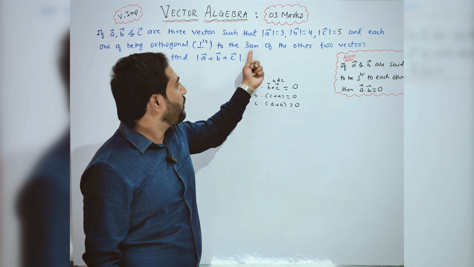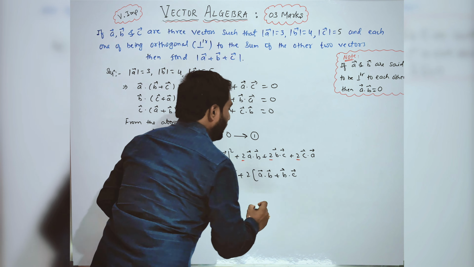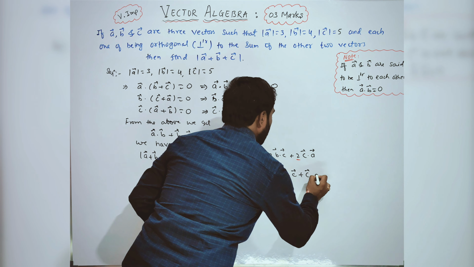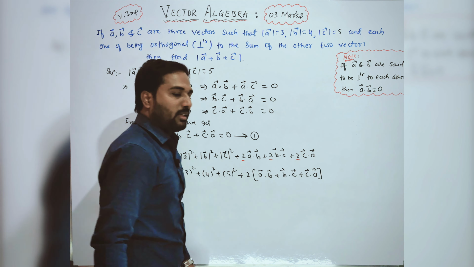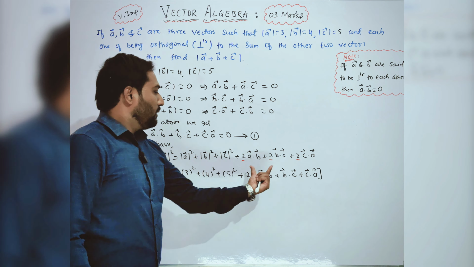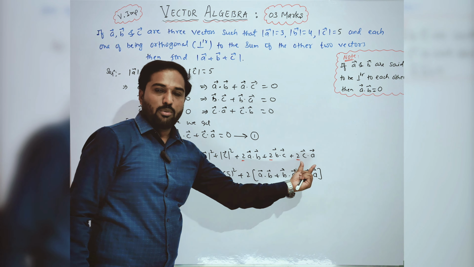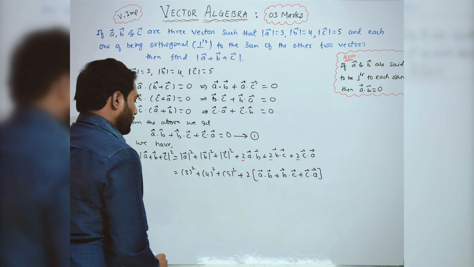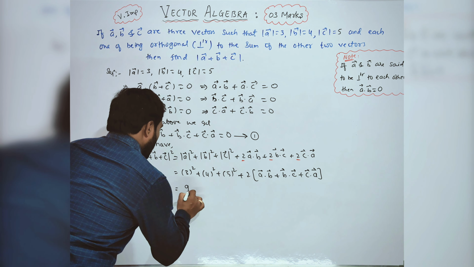What is the remaining term? A dot B plus B dot C plus C dot A. These are the three terms remaining in the last part of the previous line, isn't it? So this is 9, this is 16, and 5 square is 25.